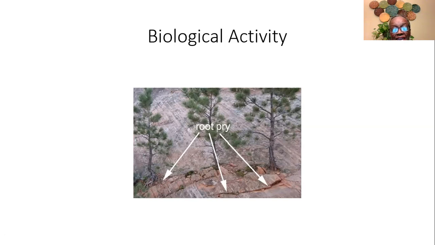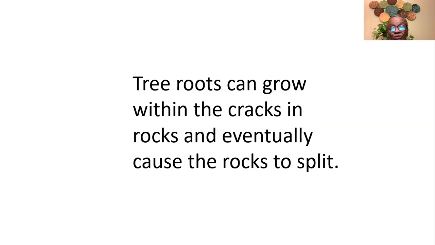But even though plants can cause root pry to occur, plants also have a lot to do with chemical weathering, and we're going to see that. So the roots grow within the cracks. That's the part that's root pry, and they eventually cause the rocks to split. So we've done root pry, salt crystal growth, exfoliation, and frost wedging as examples of physical or mechanical weathering.